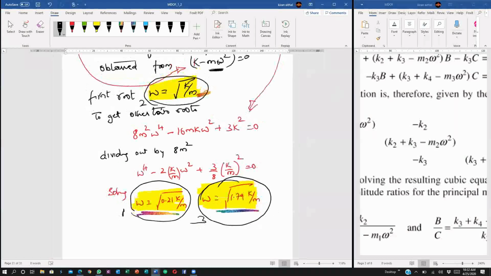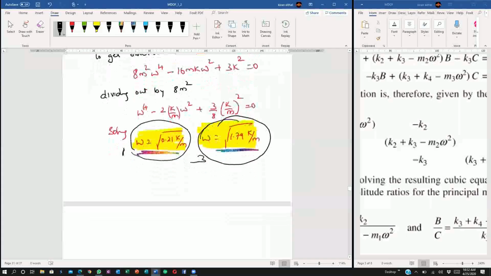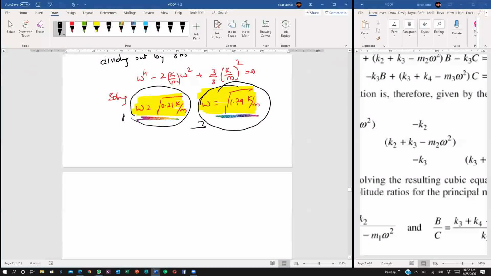On what basis? If I take the root of 0.21, let me just calculate here, the answer I am going to get is 0.45 root k by m.